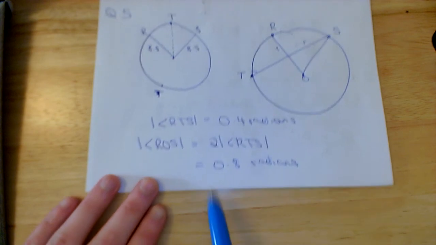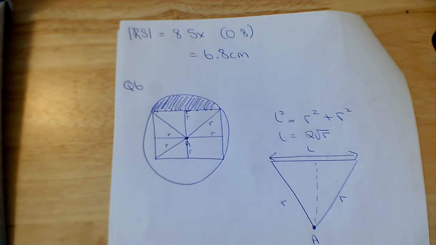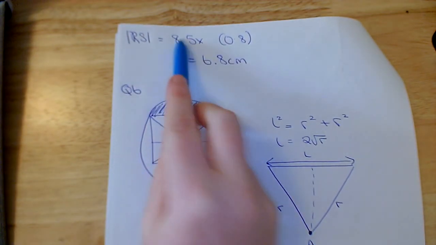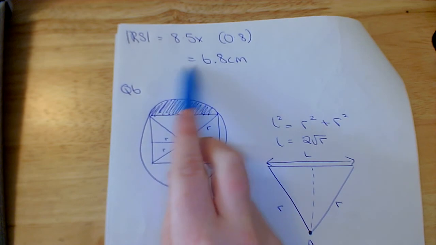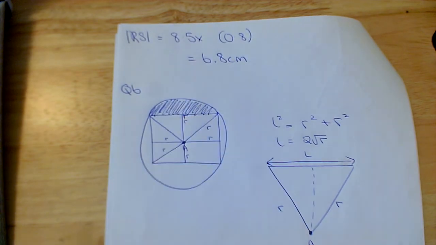That's a theorem that you would have learned in Junior Cert. So twice 0.4 gives me 0.8 radians. Then my distance from R to S is going to be 8.5, because that was my radius, multiplied by 0.8, and it gives me 6.8 centimeters.